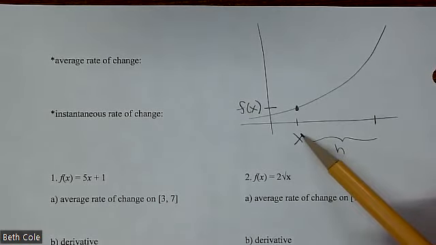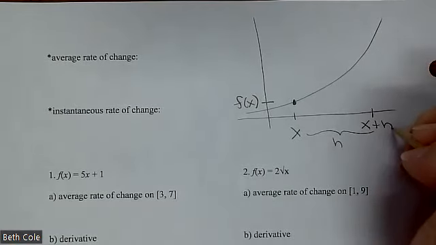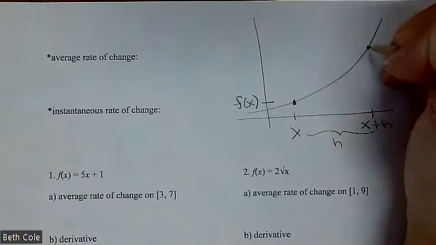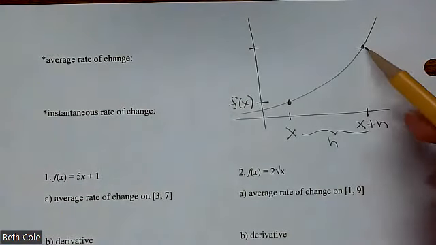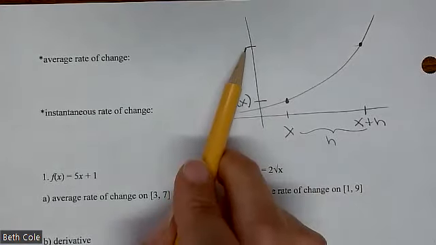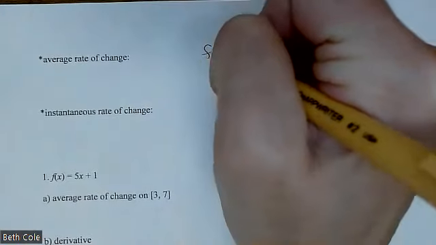So if this is x and we went a distance of h, what is this? x plus h, good. And that means the output point on the graph, where we find that on the graph, the output point would be what? f of x plus h, good.